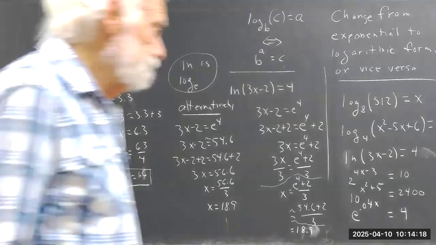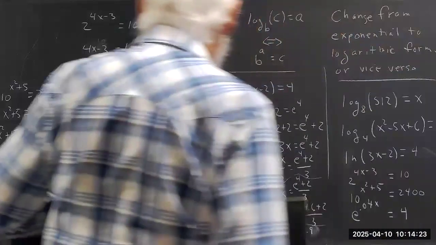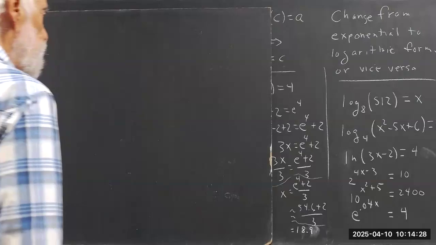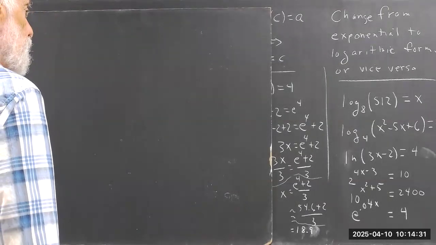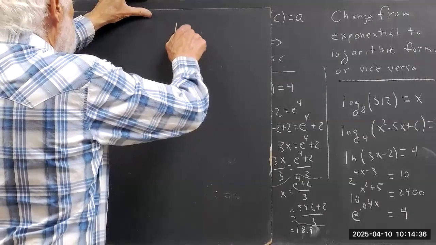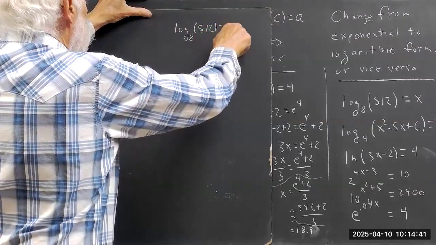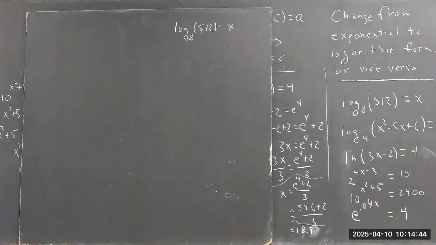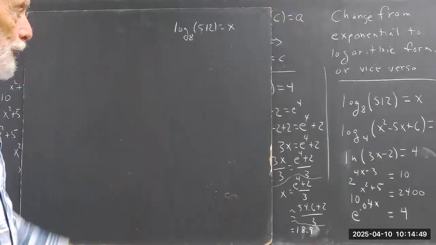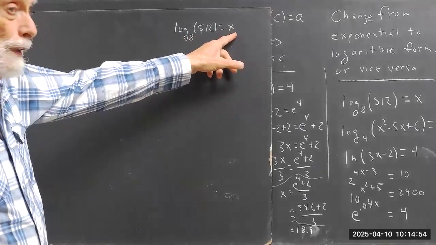All right. Now, we have one of them that said log base 8 of 512 equals x. We could change that to exponential form. But it's already in a form where we can solve for x.